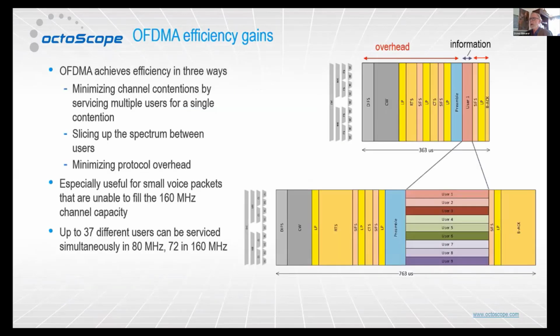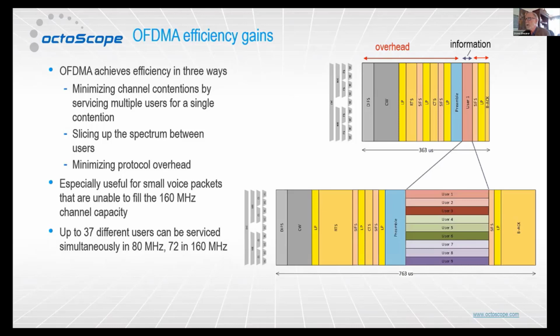I'm going to look at some of the efficiency gains that we talked about for OFDMA. The top diagram depicts what happens when we're sending, for instance, small voice packets that just are not able to fill the complete 160 megahertz channel capacity.